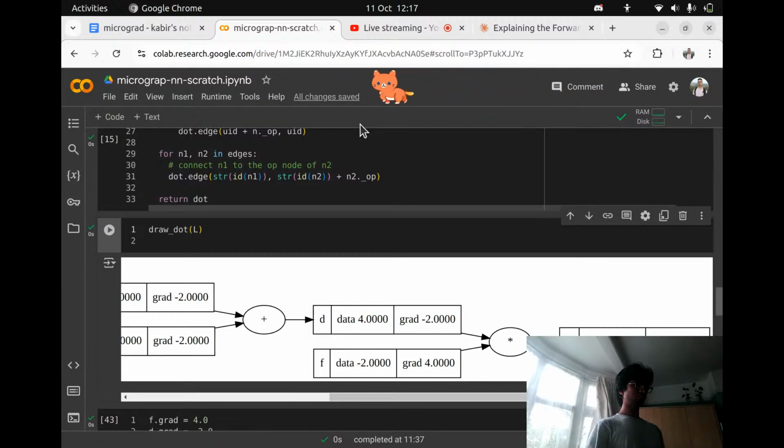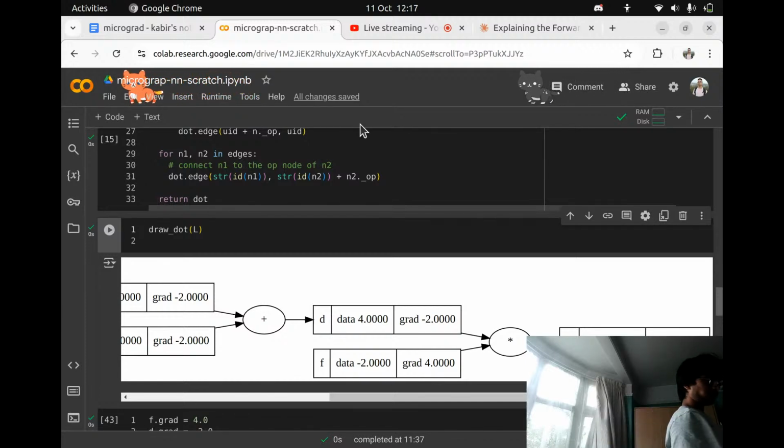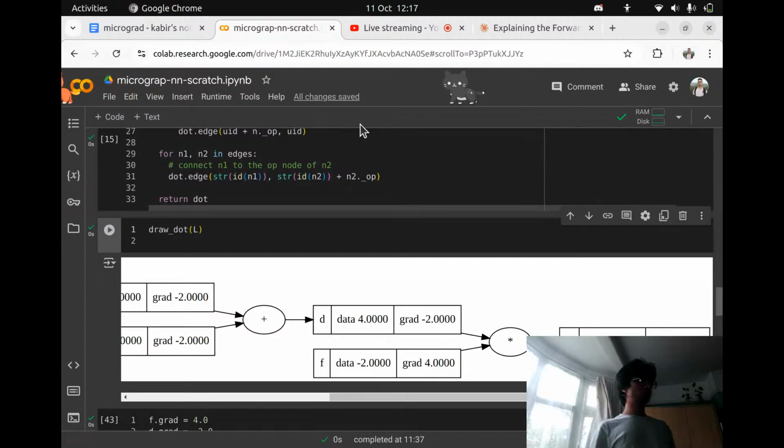And we're now like a small node here, and this is a little plus node. And the little plus node doesn't know anything about the rest of the graph that it's embedded in. All it knows is that it did a plus. It took a C and an E, added them, and created a D.